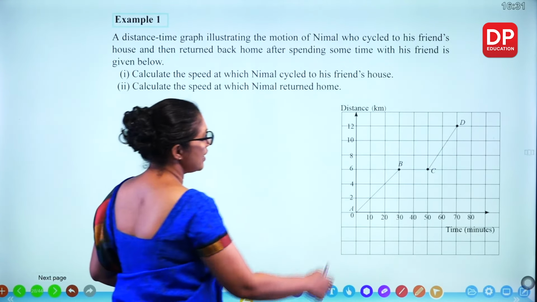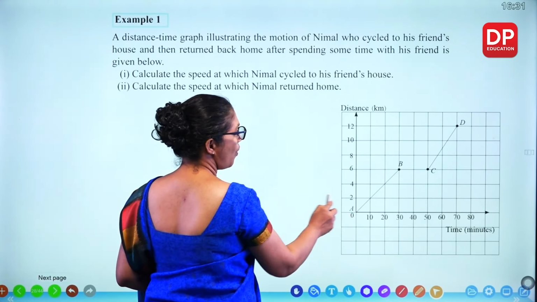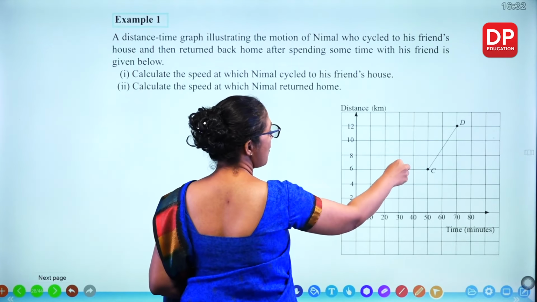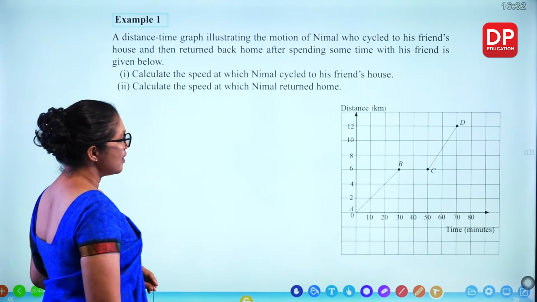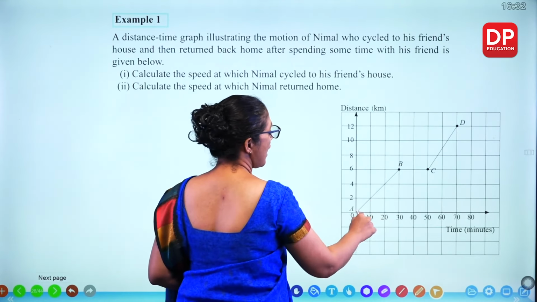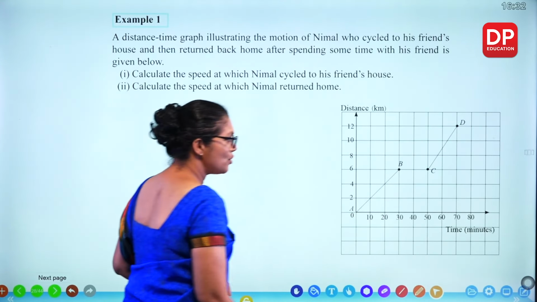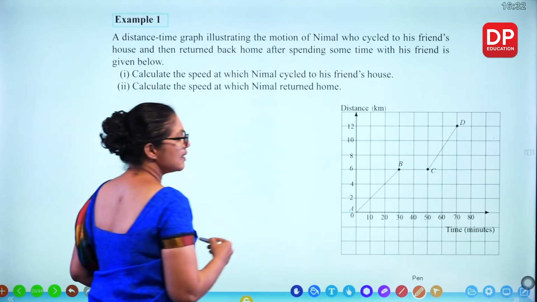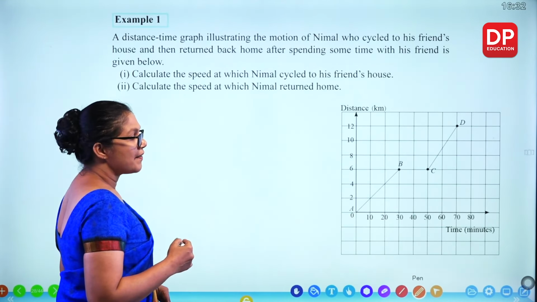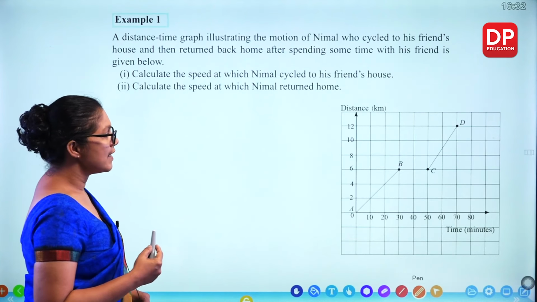So here, starting from home, this is the distance traveled to Nimal's friend's house. Now we want to calculate the speed. So we can find the distance and divide by the time for traveling.